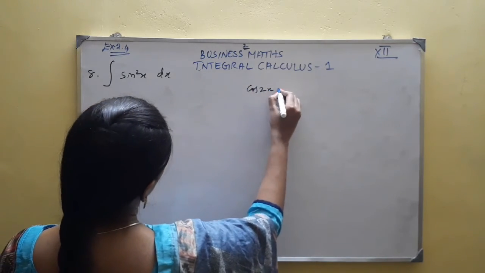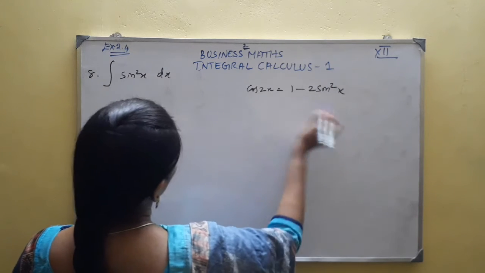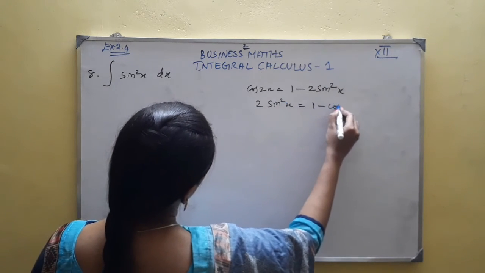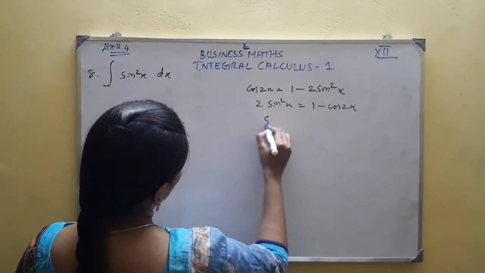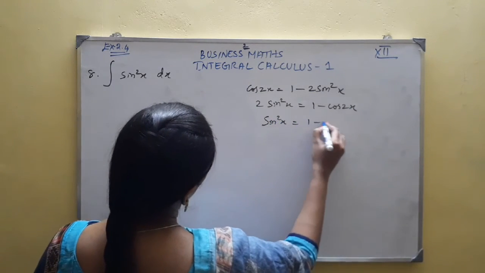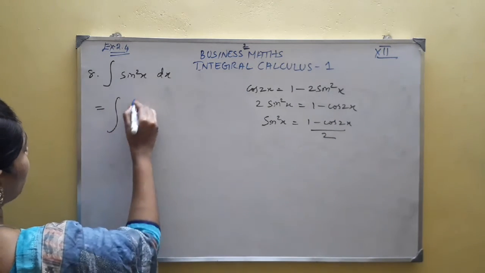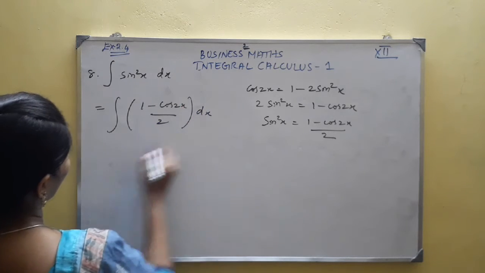So I have for cos 2x one formula, 1 minus 2 sine square x. So I am going to rewrite this as 2 sine square x equal to 1 minus cos 2x. I am taking this to the left hand side, that to the right hand side. So sine square x can be rewritten as 1 minus cos 2x divided by 2. So this can be written as integral 1 minus cos 2x divided by 2 into dx.